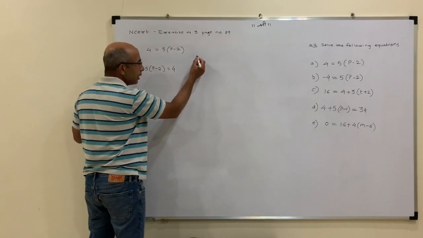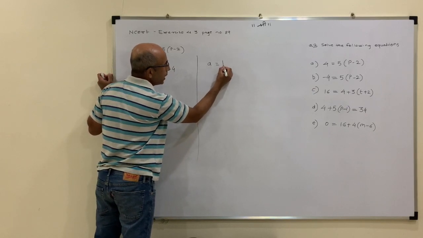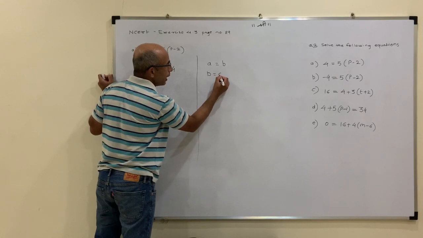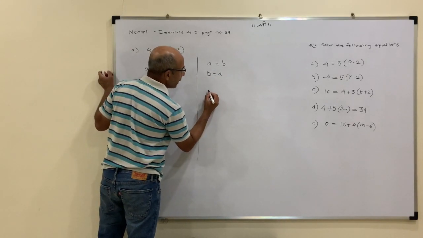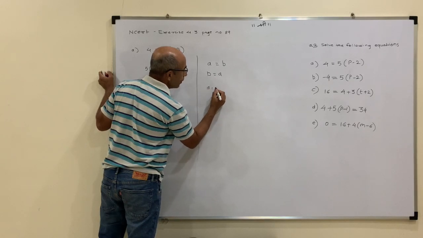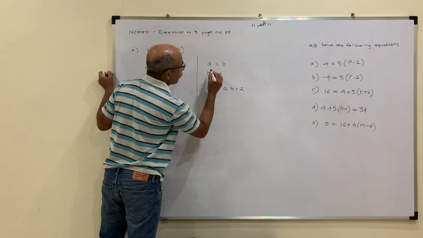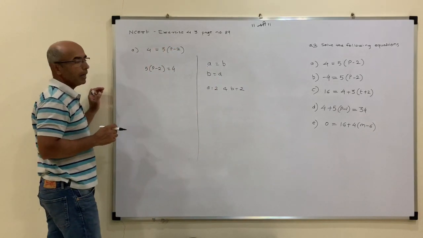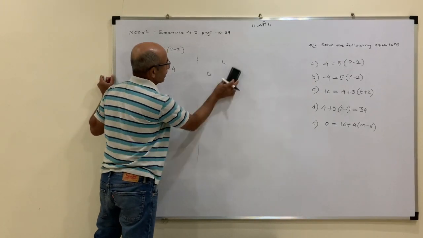See, you need to understand, if A equals to B, that means B is equals to A. Now if I say A equals to 2 and B equals to 2, therefore A equal to B is automatically B equal to A. So now let's move on to the next step.